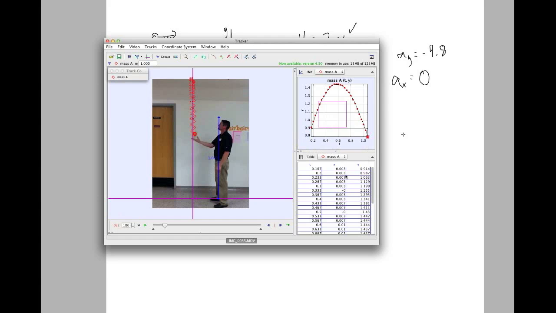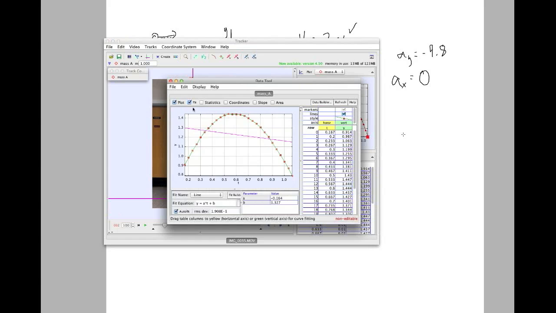And if I analyze that and fit it with a parabola, it gives me a really nice equation. That parabolic shape always describes your y motion when it comes to projectile motion problems. It'll always follow this parabolic path when it's your y position versus time.